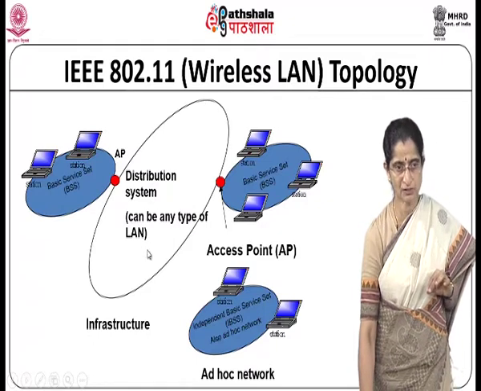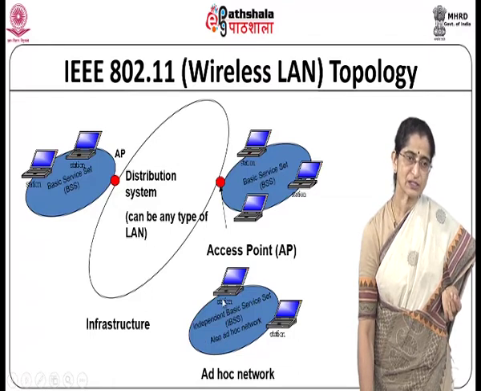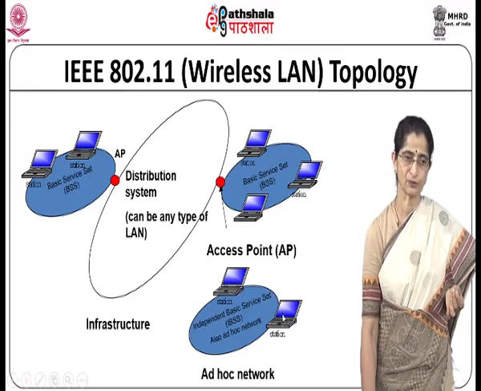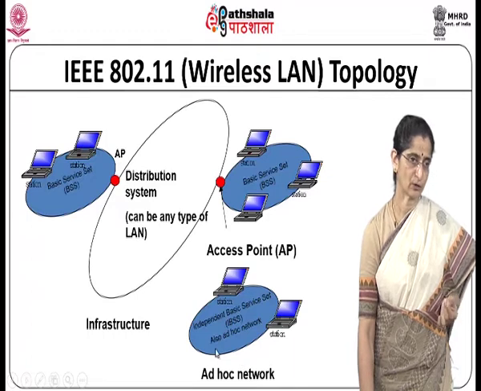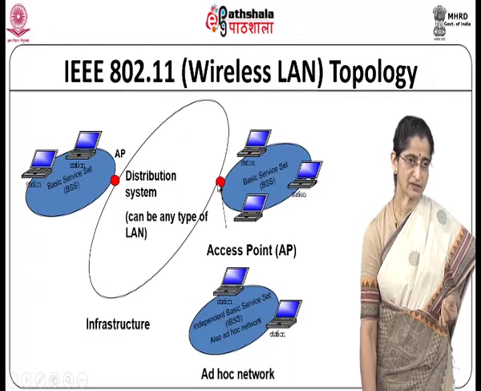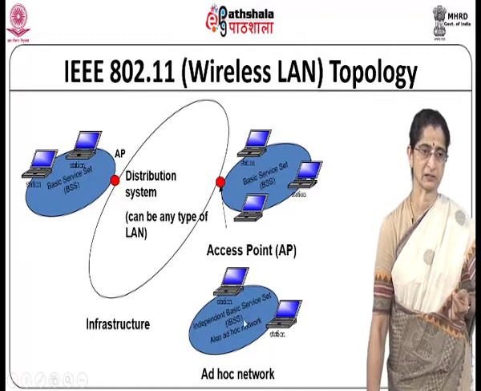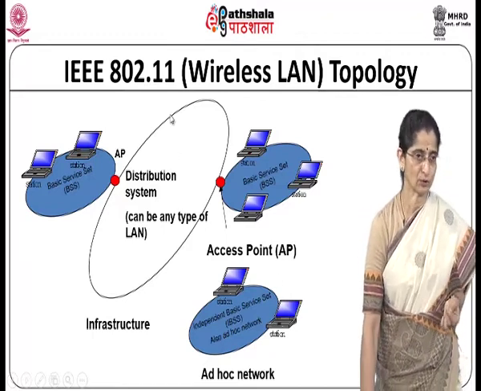This distribution system could be any type of LAN, for instance. You could also have an access point which is not connected to a distribution system, just connected to a set of nodes, an independent basic service set. This would form an ad hoc network. So you have an infrastructure based network here, and an ad hoc network here. You could have both modes of operation supported by 802.11.